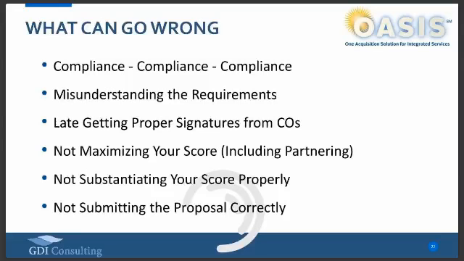A lot of equations you have to resolve in your head. If you misunderstand the requirements and you put in a contract that is not compliant, you're going to lose that, and your score will drop and you will lose. So understanding the exact requirements of the RFP is very important.